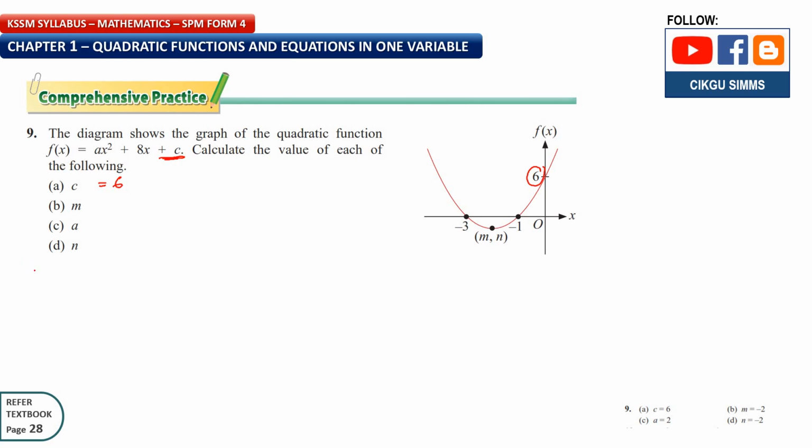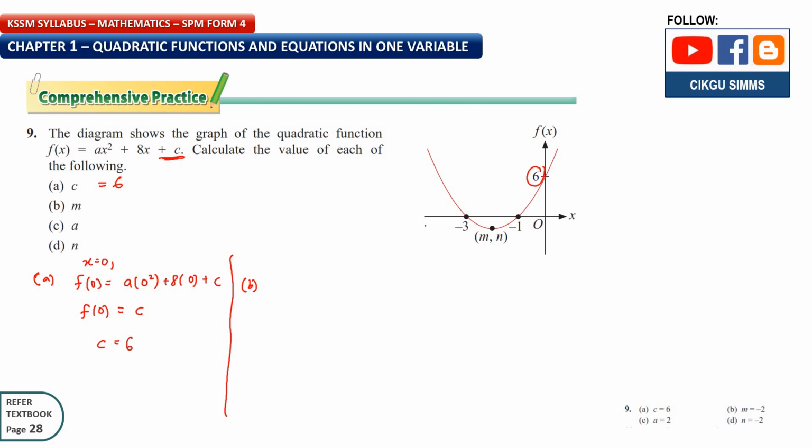Okay, if you want to do the working, we can do the working. f(0) equals a(0) squared plus b(0) plus c. So when x is 0, my y-intercept should be c. So c would be 6, by referring to the figure.